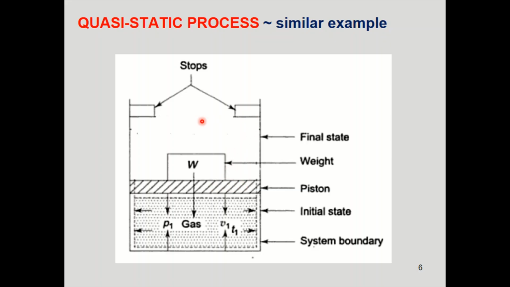After striking these stops, if you wait for some time, you will get another set of pressure, volume and temperature when equilibrium is restored at the new position of the piston. So that is the initial set of values, and here will be a final set of values.